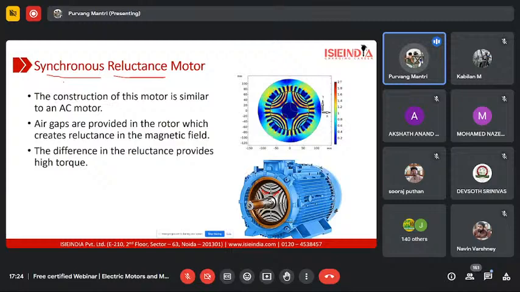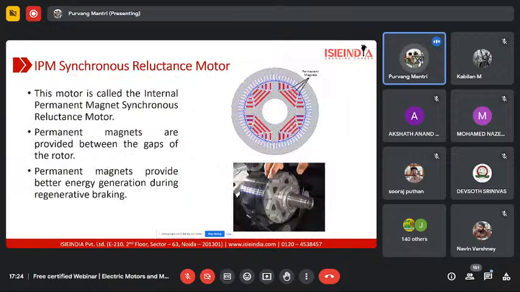But because there were no permanent magnets in the rotor, they tried to change the design of this motor a little bit. What they did was add magnets into the slots, into the air gaps. The magnets in themselves provide better torque, plus when we don't supply any electrical input to the stator, the magnets will actually generate.